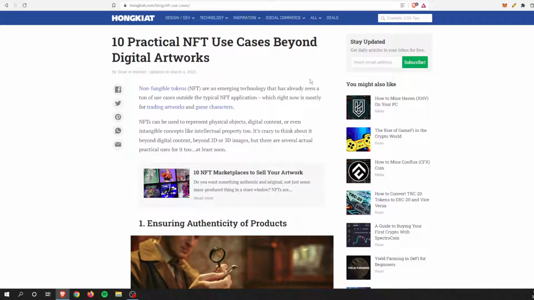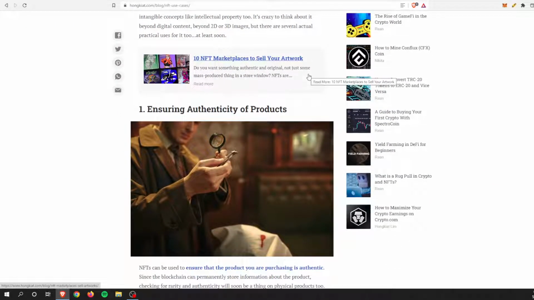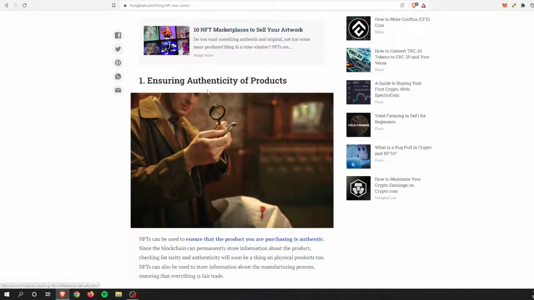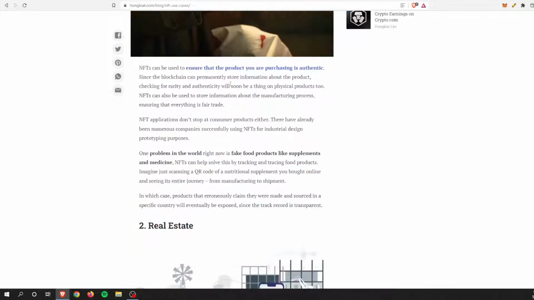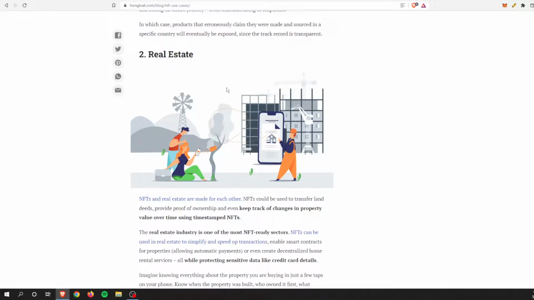There's also a bunch of other practical use cases beyond just digital art and games. Like I kind of talked about with the Mona Lisa example, just making sure of the authenticity of products. But real estate, in the future, potentially, a household deed could be verified on a blockchain, and you would not have to go through the entire closing cost process because everything is verified.